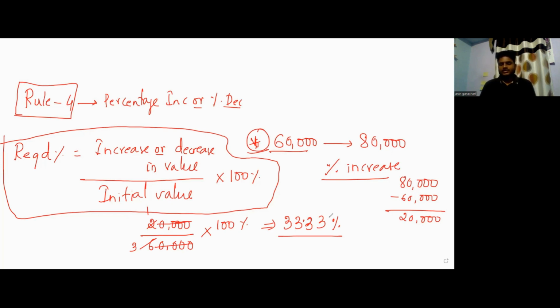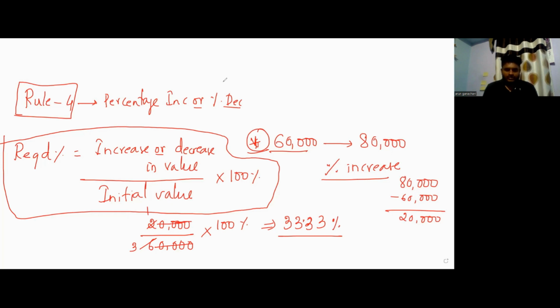So 20,000 divided by 60,000 into 100%, that is 1 by 3, which is nothing but 33.33%. Have we calculated the percentage increase or decrease?